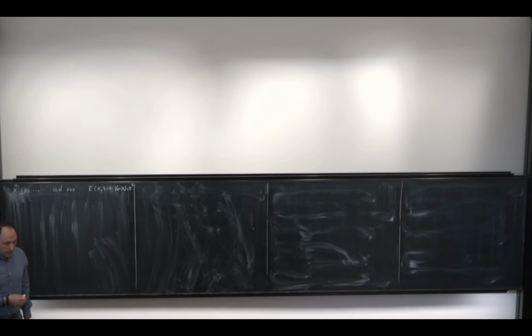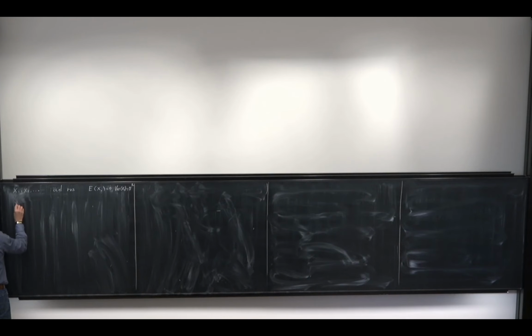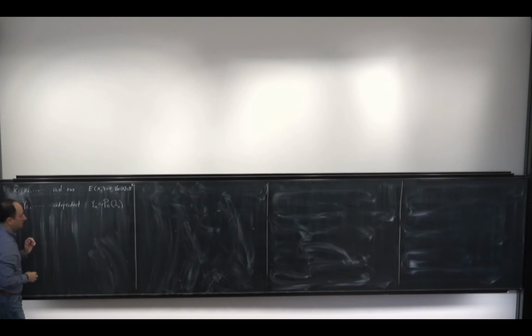Then we have another sequence, Y1, Y2, etc. They are independent from one another and independent from all X's, but they are not identically distributed. Any Y sub n is Poisson distributed with a different parameter, lambda sub n. So they are not IIDs.